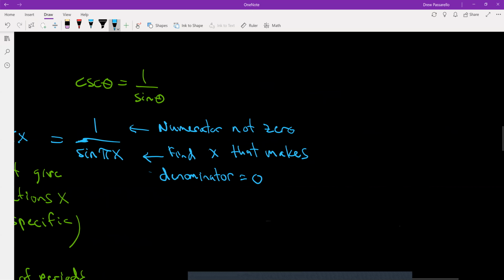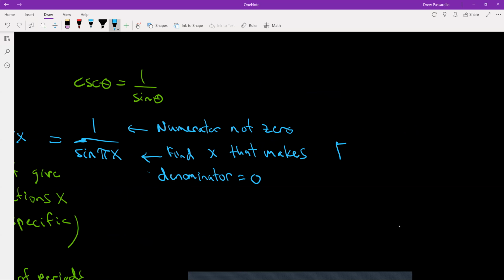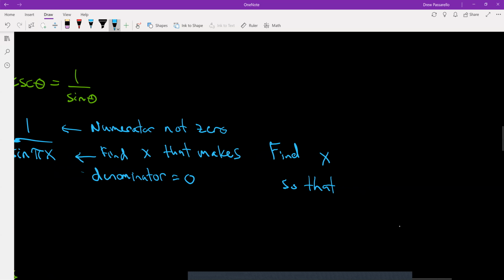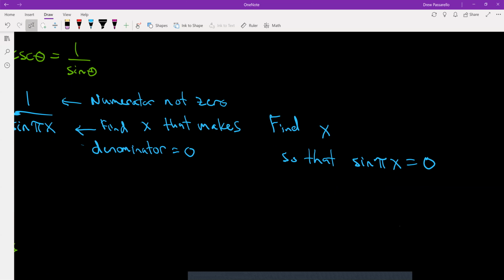Okay. So I need to find x so that sine of pi x equals 0. If I treat pi x as theta, so sine theta equals 0, on the unit circle from 0 to 2 pi, when is sine 0?